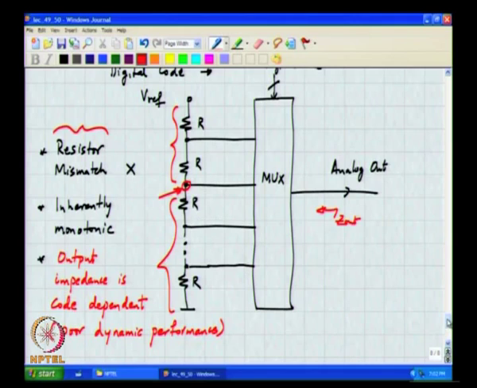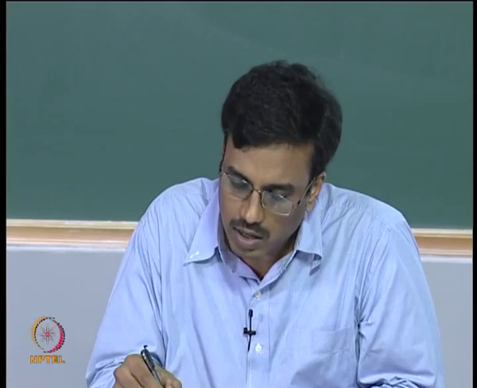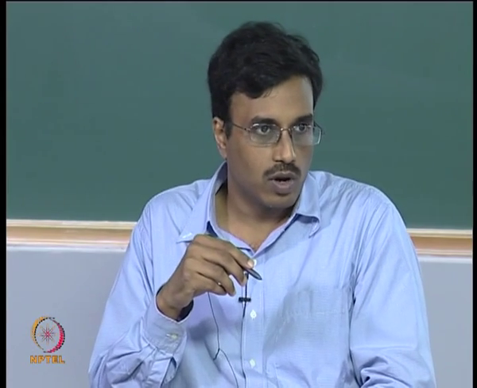How many wires must come from the DAC, from the resistor string to the mux? 2 to the power n lines must come from the resistor string into the array, and all these switches must come together at one single node, namely the output node.